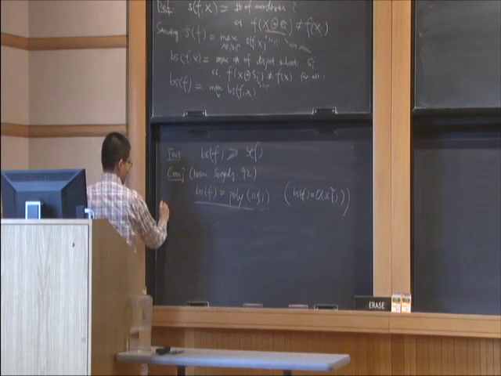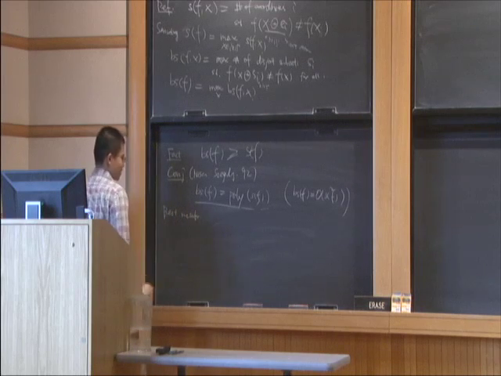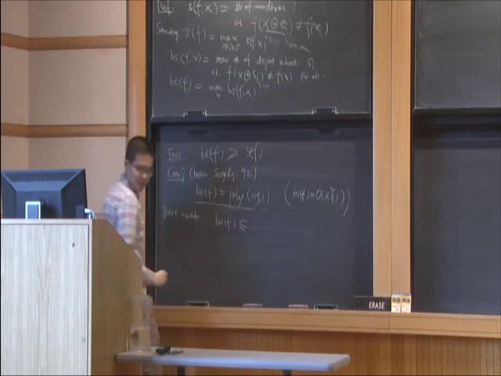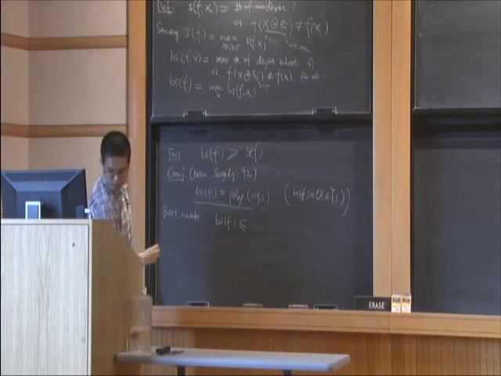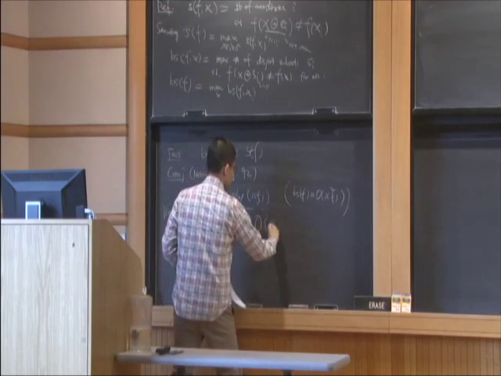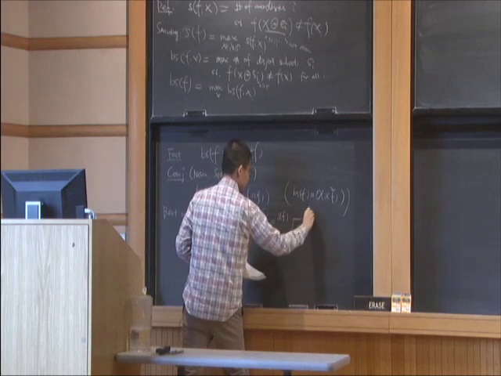And the best result known about this is exponential. The block sensitivity is less than or equal to big O of e to the power of the sensitivity times the square root of the sensitivity.